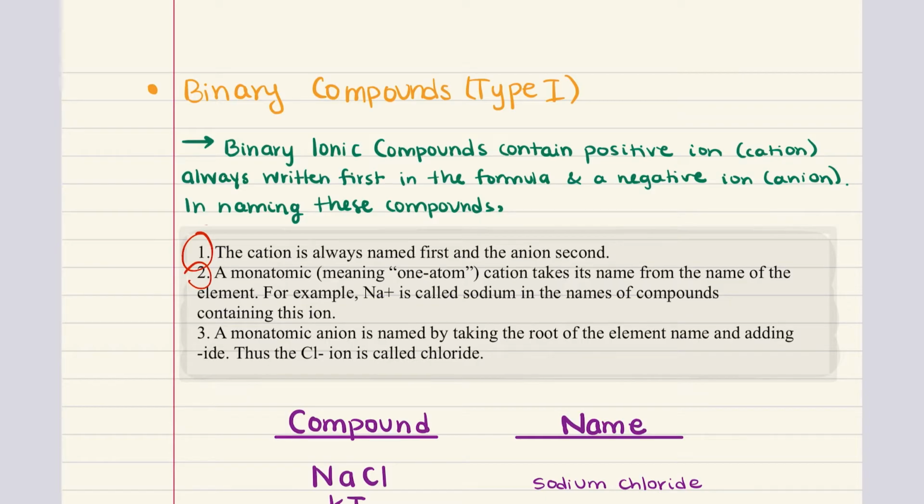Rule number 3, a monatomic anion is named by taking the root of the element name and then adding -ide. And so if you have Cl-, this is called chloride. This is where remembering the monatomic cations and anions from our table becomes super important. Now we can see a couple of examples here.